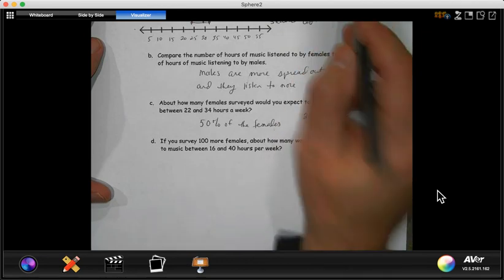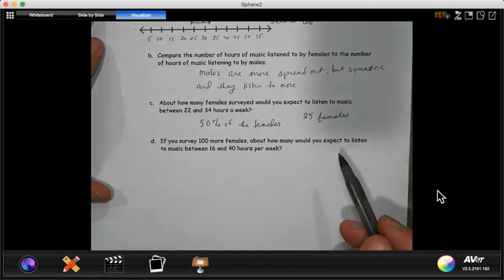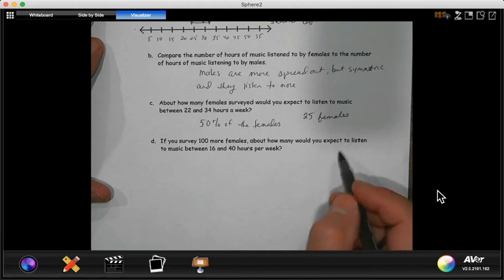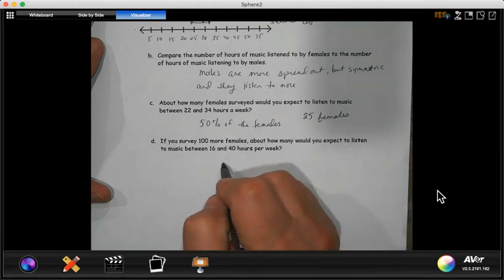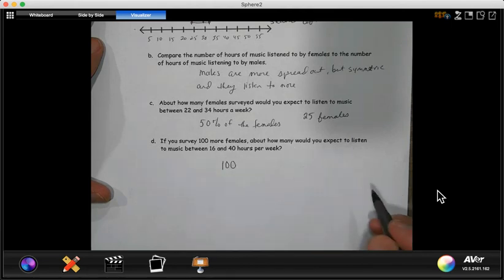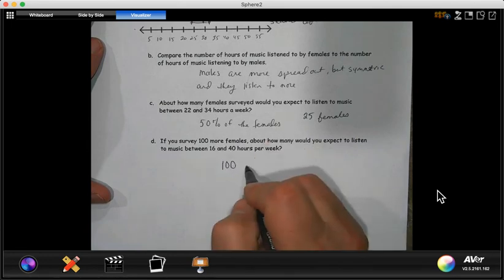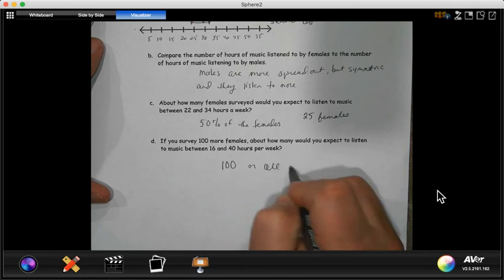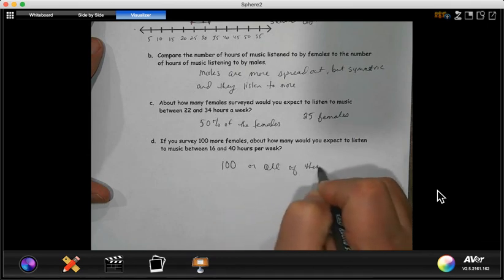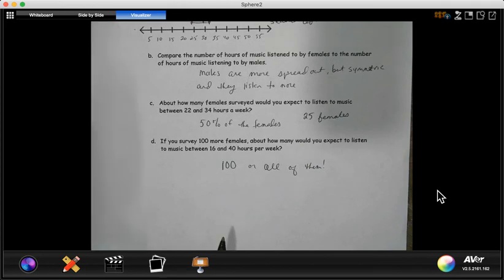So between 16 and 40 would be all the females. So 100. You would expect that based on the data, right? So 100, all of them. Cool. I think that's it. Nice job, guys.